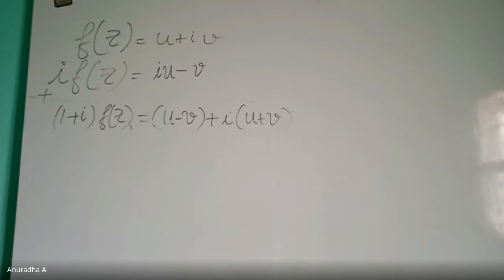u plus v is given, u minus v is given, 2u plus v is given, but 2u plus v is what we have done already in the PPT, e power x into cos y minus y.